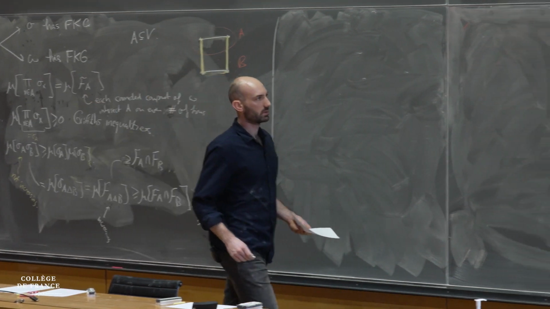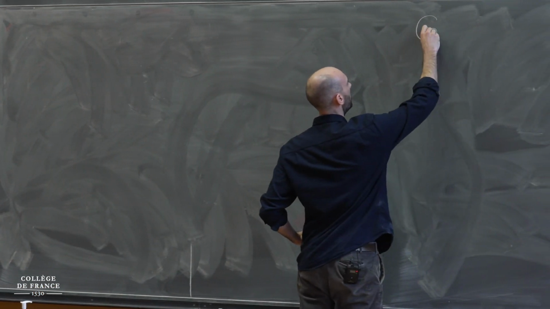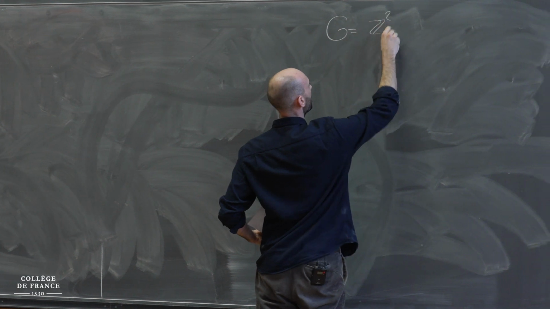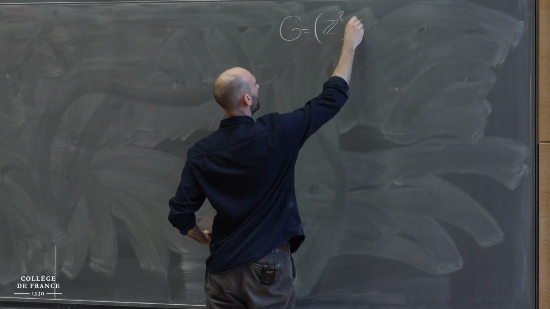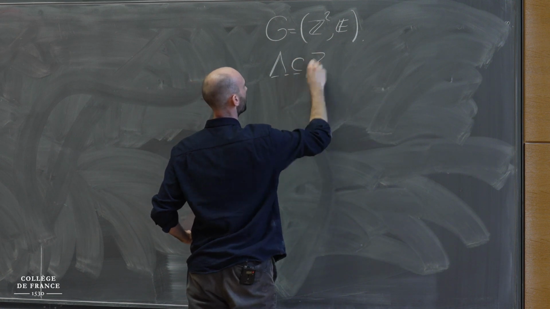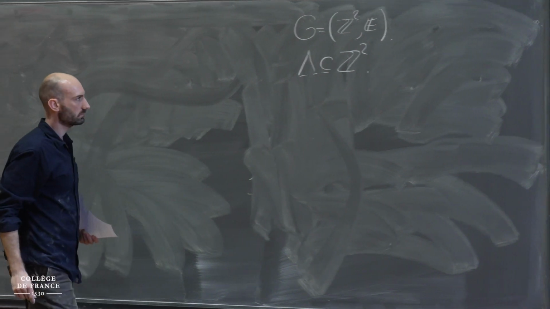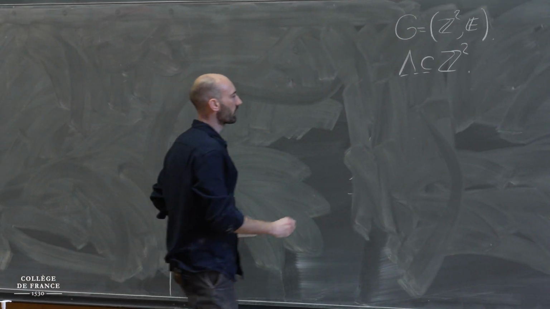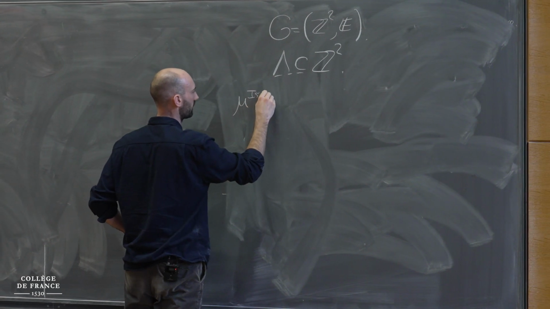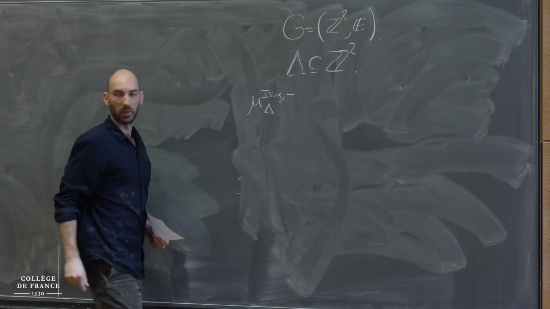So what you can also do is take the Ising model on an infinite graph. So now, for simplicity, we take it to be the square lattice. And again, we consider finite domains of Z^2. And the measure that we're going to consider, let's call it the Ising minus measure within the domain lambda.